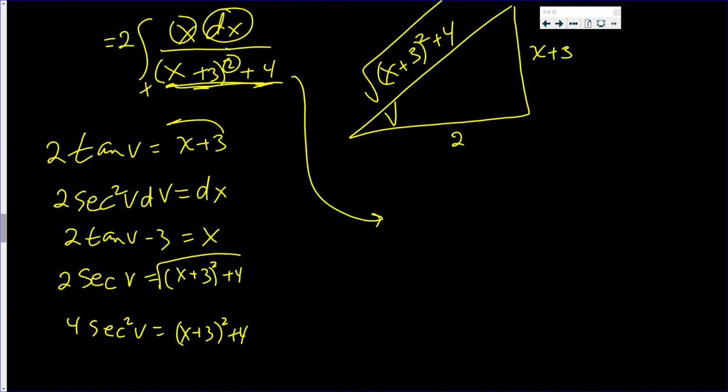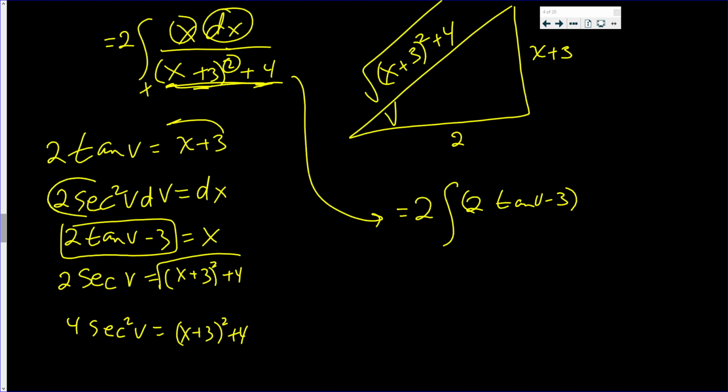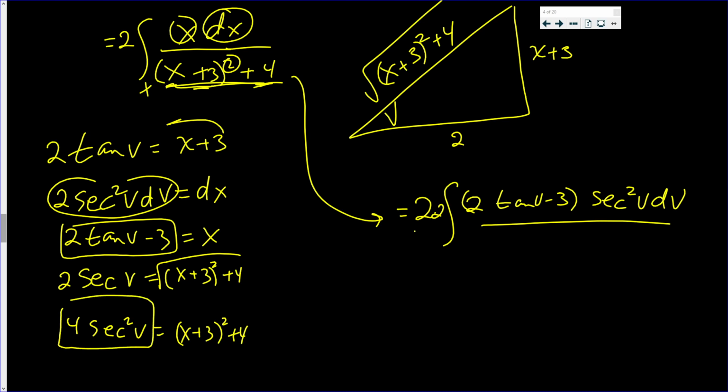So this integral becomes, the 2 in the front, x is this, 2 tangent v minus 3, that's x. dx is this. I'm going to put the 2 in the front, 2 secant squared v dv, and the bottom, well, that's 4 secant v. And I'll put the 4 in the bottom, and in the front, that kills off the 4 already in the front, and I have secant squared v, and this cancels that.